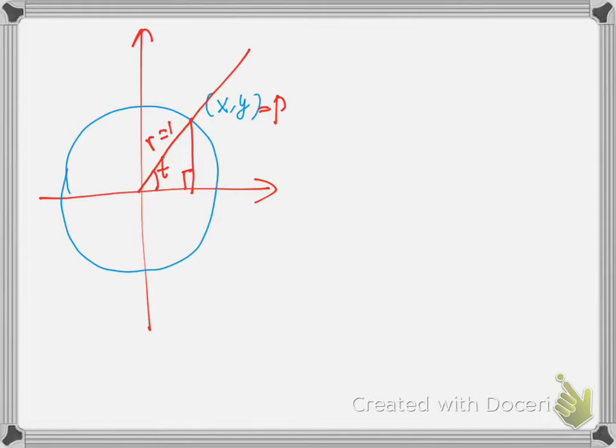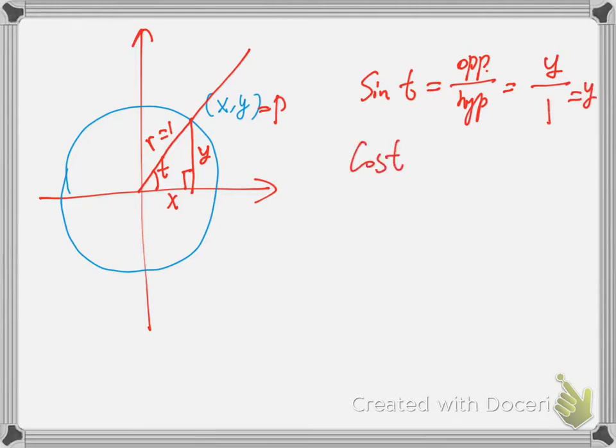What's the definition of sine T? Sine T is opposite over hypotenuse. The opposite side is y, the bottom side is x. So it's y over 1, which is y. And cosine T is adjacent side over hypotenuse, so this is x over 1, which is x.